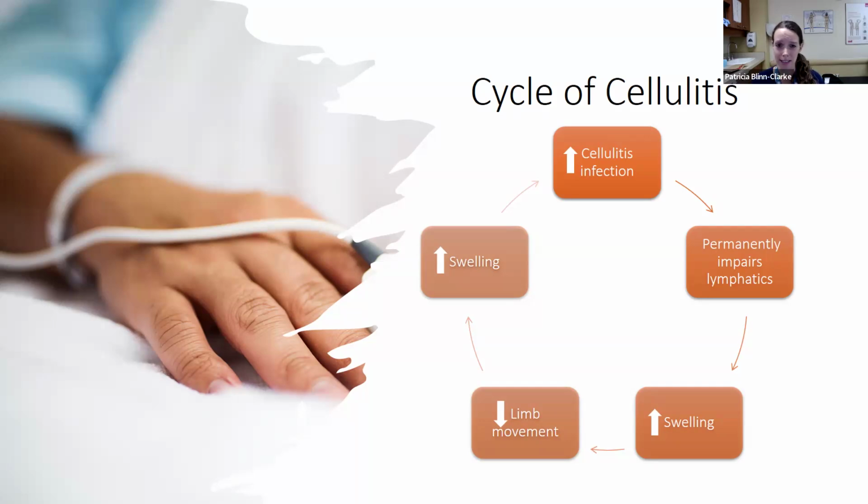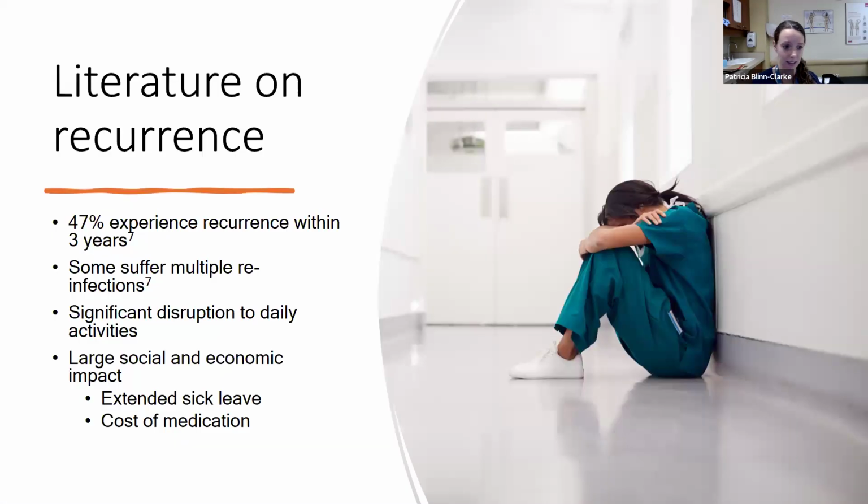When our limb is more swollen, it's more difficult to move around. Sometimes we're less likely to be moving that limb. And we know very well that exercise is a great treatment for lymphedema, so not moving that limb can actually increase our swelling further. The more swelling, the more likely it is to get a cellulitis reinfection, and the cycle kind of continues. That's why it's ideal to stop this cycle before it even gets a chance to start.